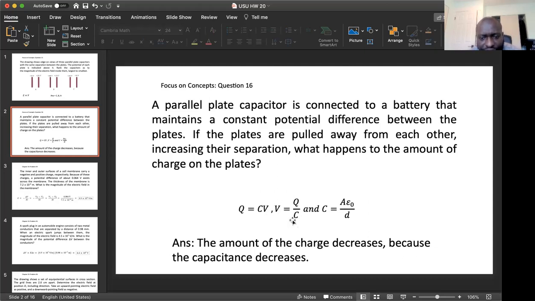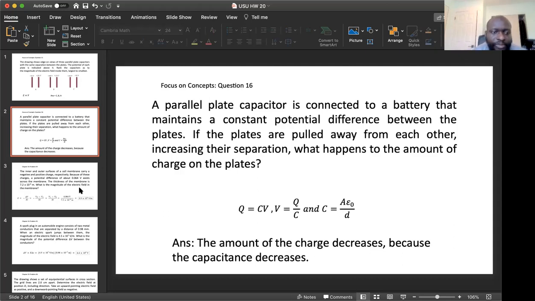If I'm changing C, I have to change Q the same way. If I increase C, I have to increase Q to keep V constant. But now by increasing D, I am decreasing C. So I have to decrease Q to keep V constant. The amount of charge decreases because the capacitance decreases. That is the only way we can keep the potential difference between the plates constant.